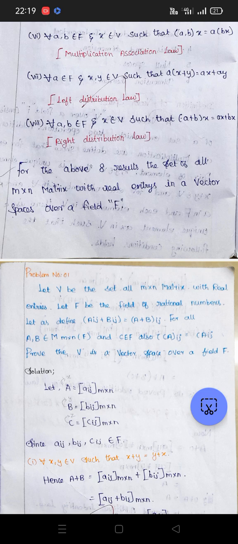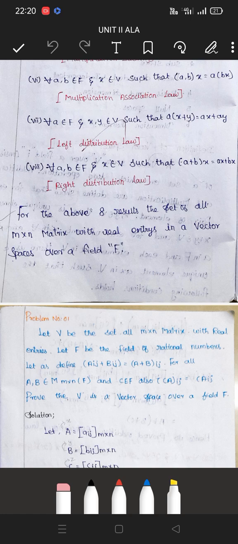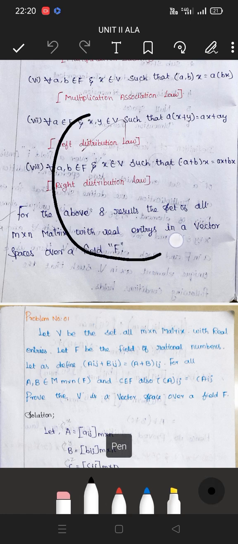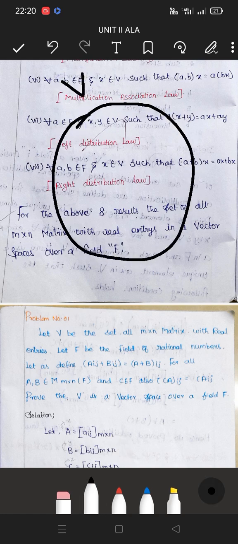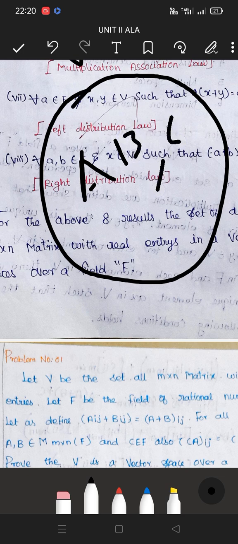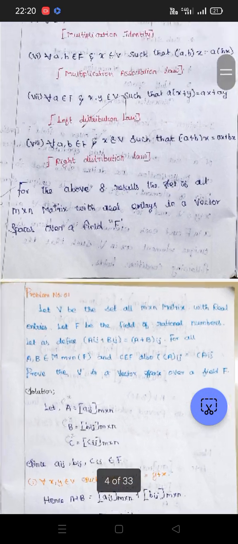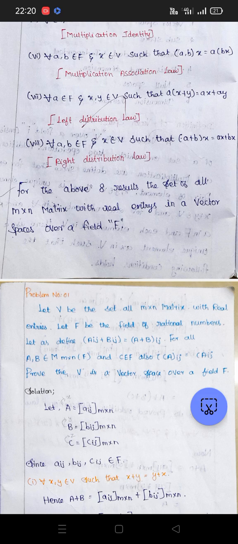In this problem you can clearly note that V is a vector space. It has the matrices A, B and C. The matrices satisfy the following 8 conditions, which means that V is a vector space.